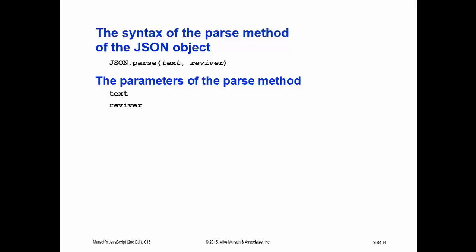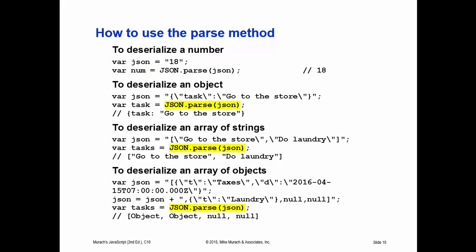But again, it doesn't convert date strings to date objects. And it does throw syntax exceptions, as I just told you. And here are some examples. Again, these are shown on page 527 in your textbook.